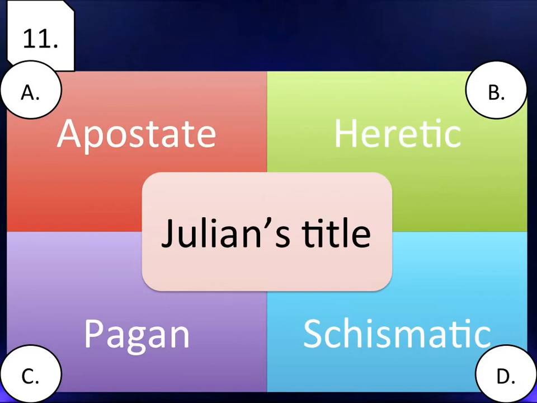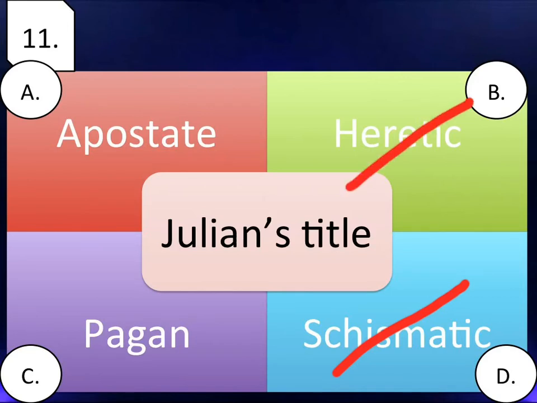Now, I've said this enough times, I'm not really going to belabor this subject too much. He was not Julian the Schismatic. Julian did not go off and say, I love Jesus, but I want to start my own separate church of Jesus. That's what schism is: when you leave believing a lot of the same stuff, but you just form your own church. Nor was he a heretic.